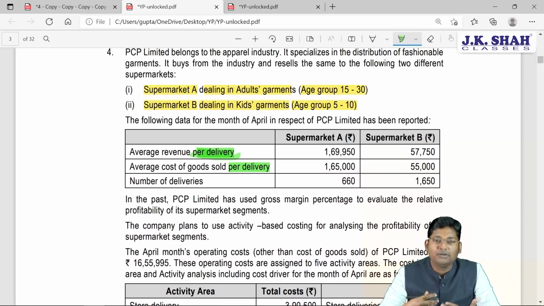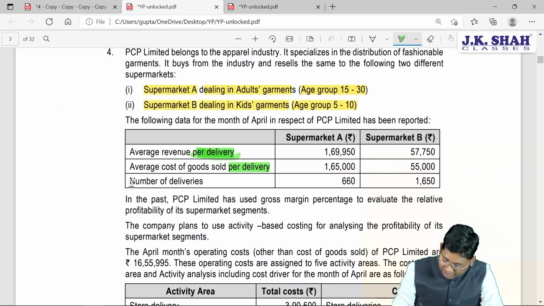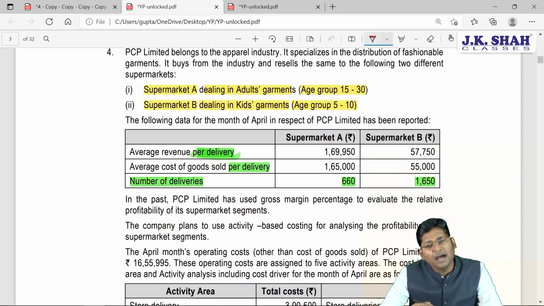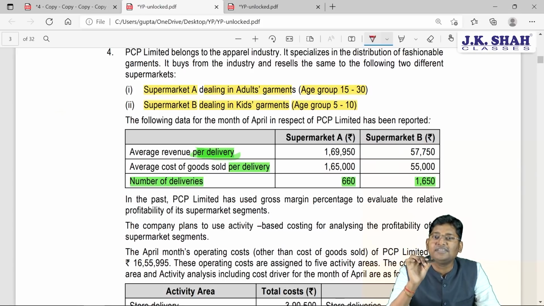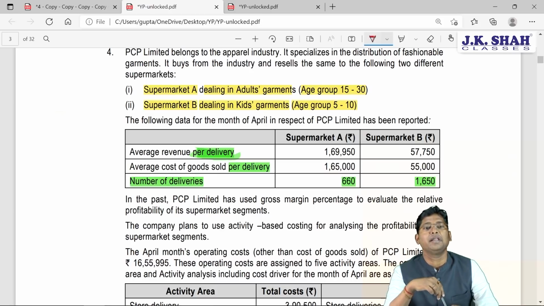So when you deliver garments one time, supermarket A and supermarket B generate how much revenue and spend how much cost, this is covered in this table, and along with this the number of deliveries are given. So if the question asks you to calculate total profit, or for example total revenue or total cost, you need to multiply the given data with 660 deliveries and 1650 deliveries for supermarket A and supermarket B.